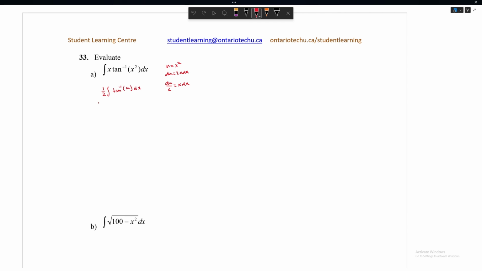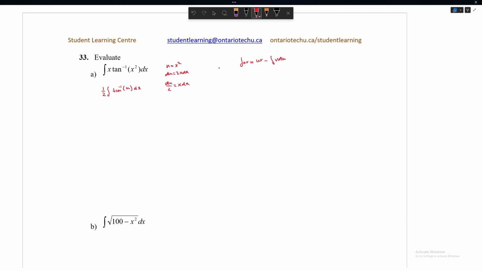Now, you can't really integrate this. There isn't a rule or formula. You can't u sub this, you can't convert it. So you have to use integration by parts, unfortunately. Our integration by parts formula equals uv minus the integral of v du.